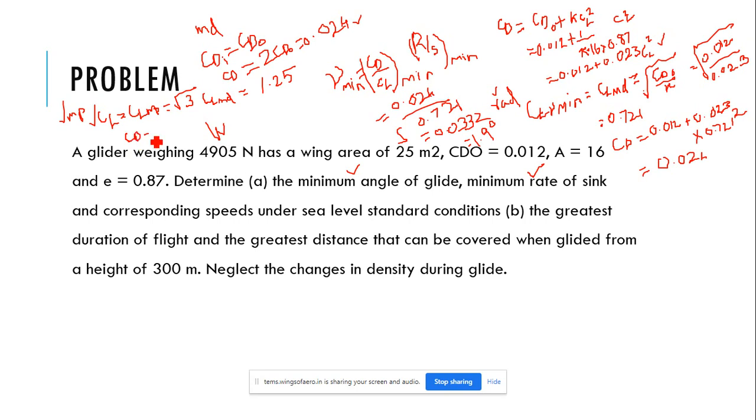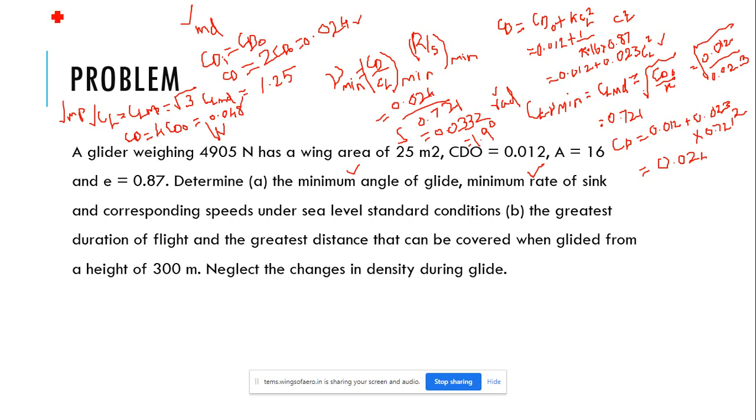Now we need to find the value for CD. The formula for CD is 4 CDO. What you need to remember is the formulas for minimum drag condition and minimum power condition. So the value will be 0.048. Now we got the values for CL at minimum power and CD.